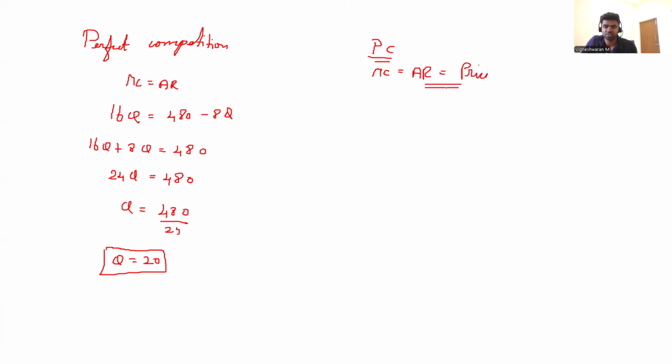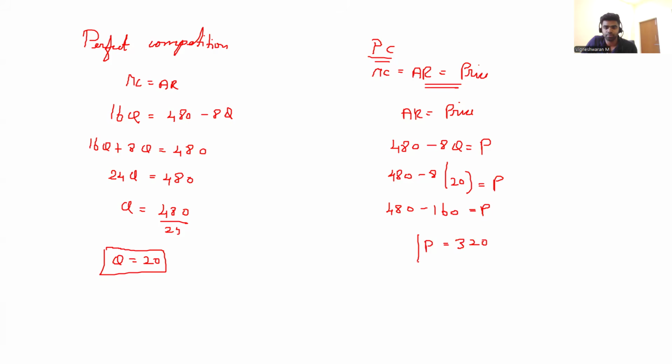So just equate AR is equal to price. What is the value for AR? AR is 480 minus 8Q, that is equal to P. So substitute the value for Q: 480 minus 8 into 20 is equal to P. So 480 minus 160 is equal to price. So price is equal to 320.